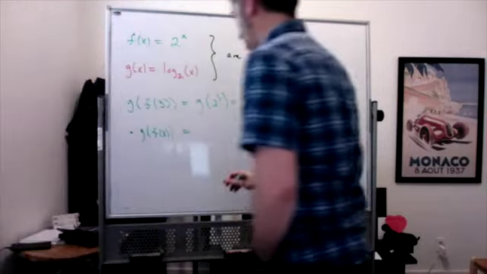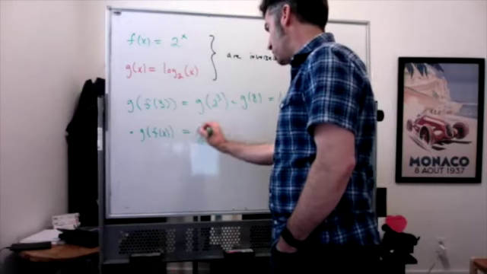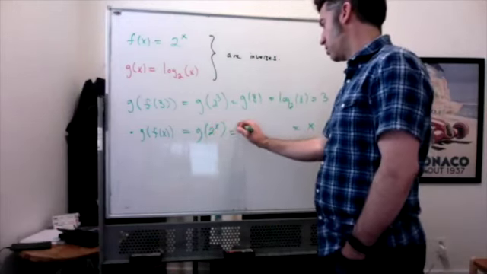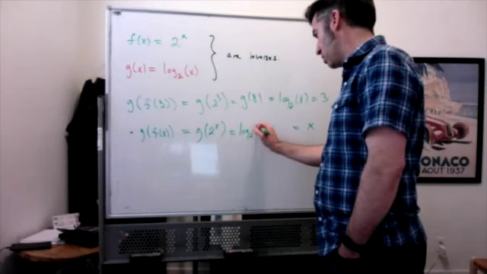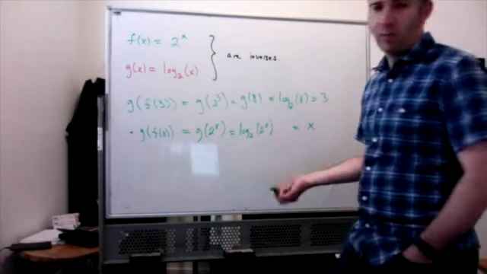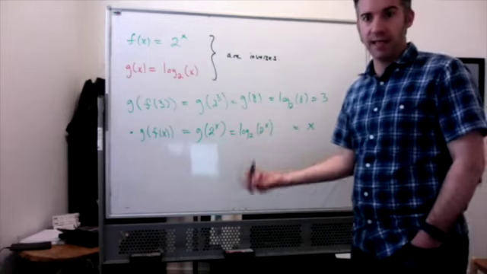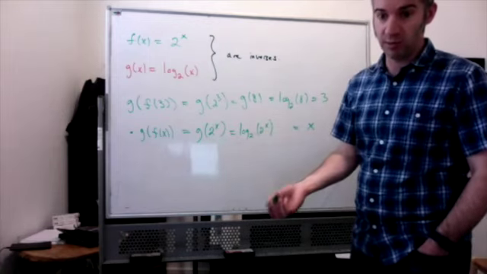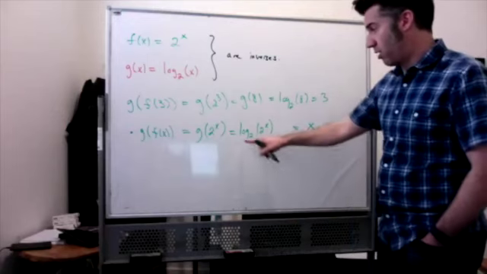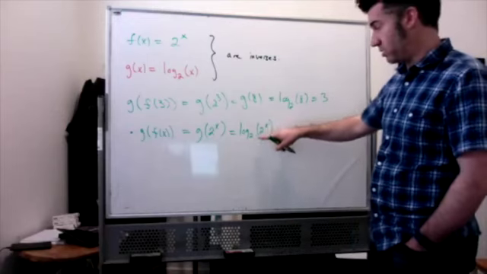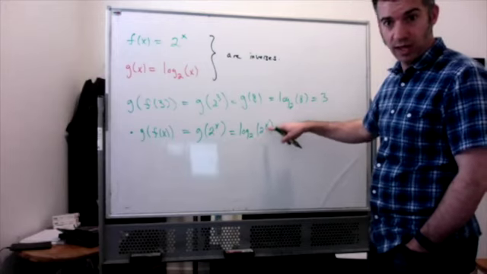And the way we do that, we say, okay, well, that's going to be g of 2 to the x, which is log base 2 of 2 to the x. And at this point, you can either just say it's equal to x, or you could bring down the x in front and say it's x times log base 2 of 2, which is x times 1. But we know that when you take log base 2 of 2 to the thing, you just get the thing, because you're saying 2 to what power equals 2 to the x.